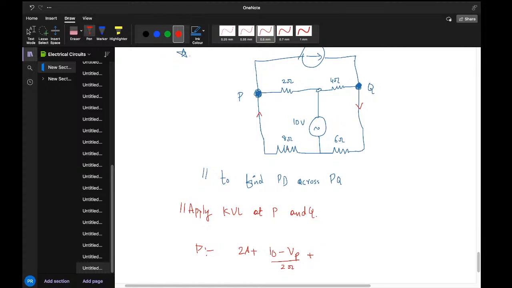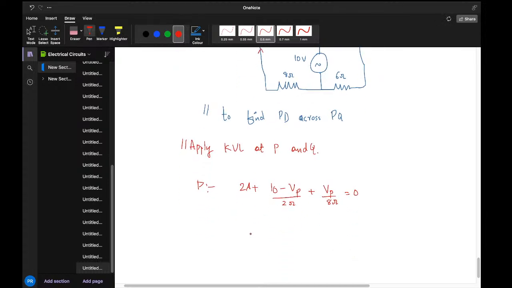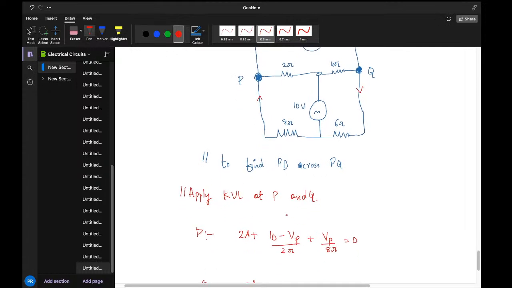The potential drop across 8 volt over here. So it is V of P divided by 8 ohms over here is equal to 0. And at Q we have minus 2 ampere because it comes outside.